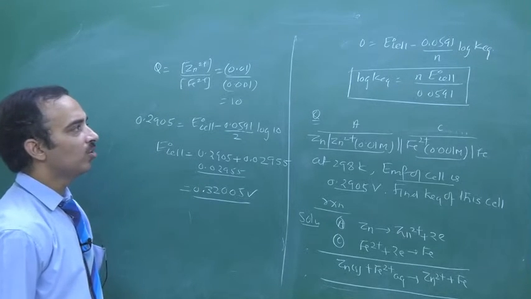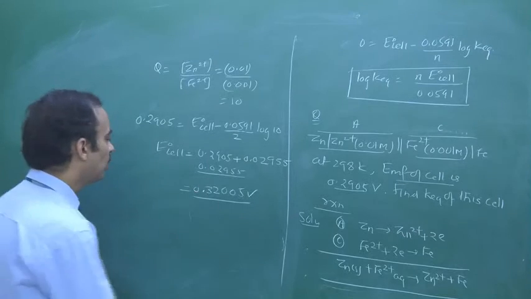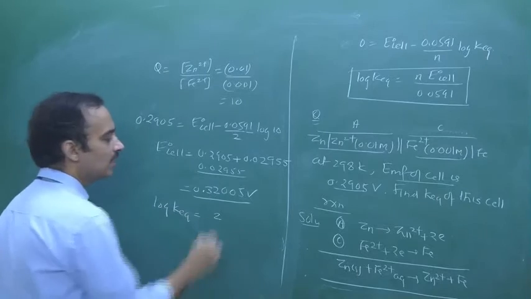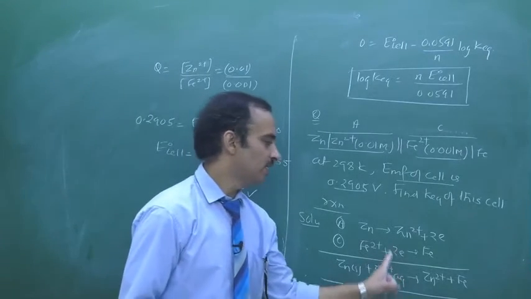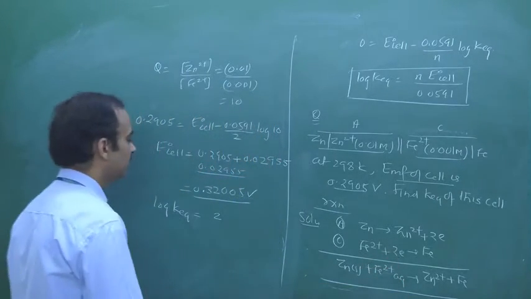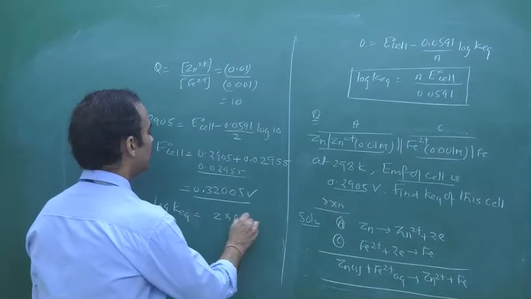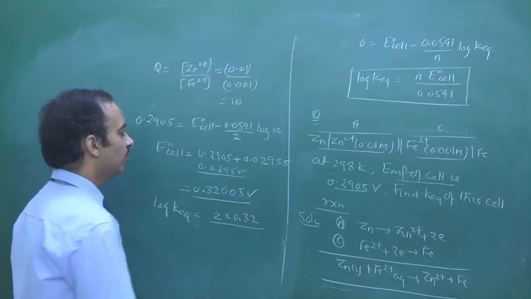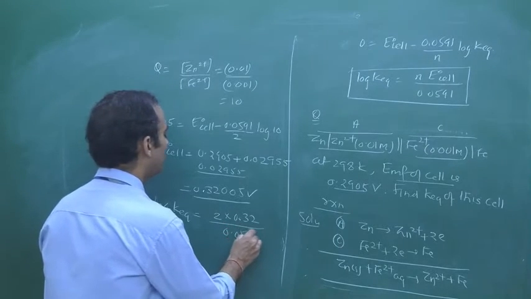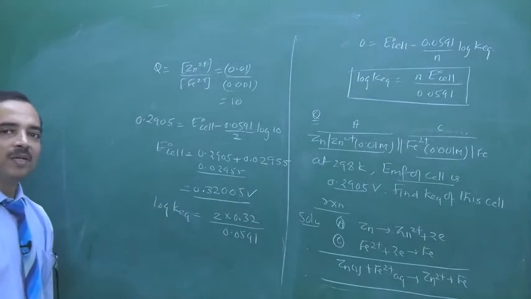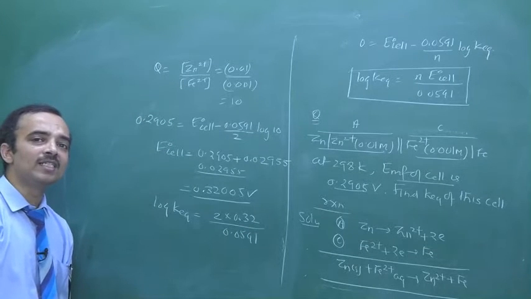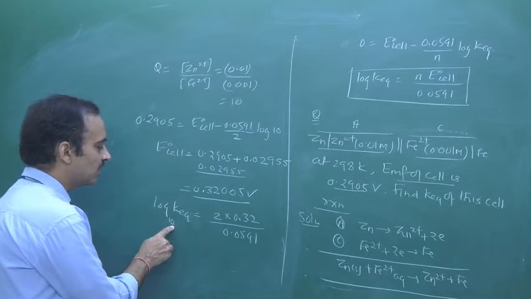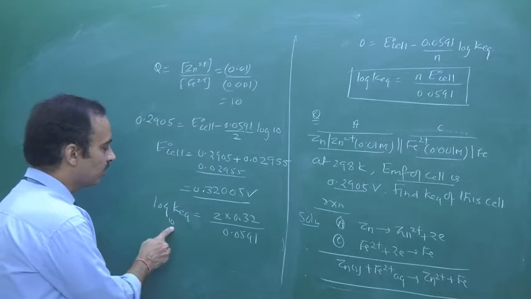Now once we get E0 cell, we can easily calculate log K. Log K is n into E0 cell divided by 0.0591. What is n here? n is 2, 2 moles of electron exchange, into E0 cell 0.32, divided by 0.0591. Beta, if we are required to write this in power of 10, the base of this log is 10.